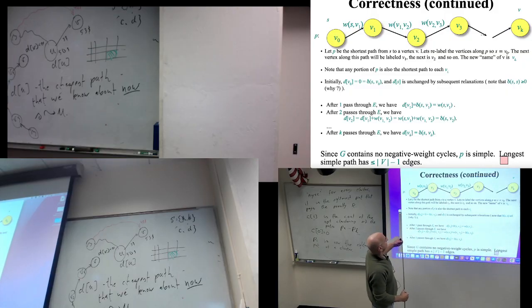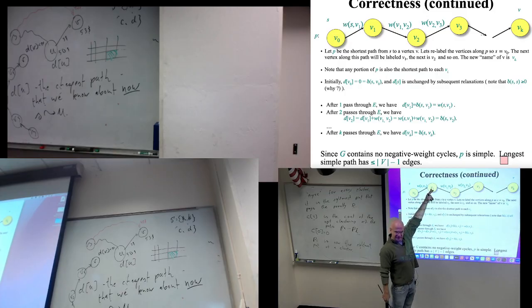Well, it cannot be larger than the length of the path. That was the first lemma. And because I made the relaxation, the weight of it cannot be more than 0 plus the weight of this edge, implying V1 knows what the distance to it is after one iteration. That was after the first iteration through all the edges.